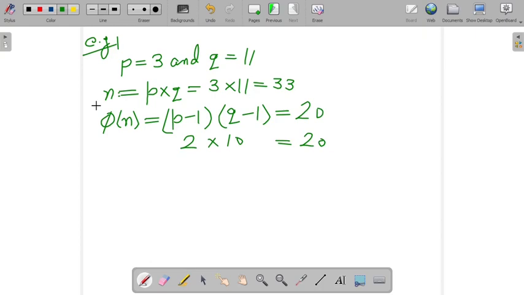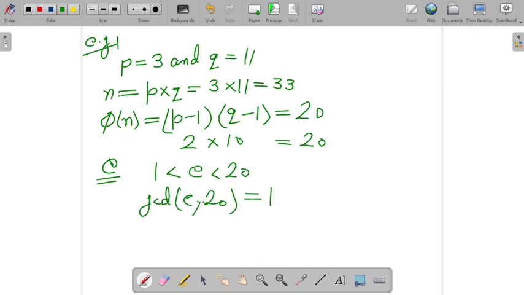So I have N, P, Q and phi N. Now E: choose the value of E such that the GCD of E and 20, the greatest common divisor, is 1. Can E be 2? No. E can be 3. 4, 5, no. 7, yes, because the common factor of 7 and 20 is just 1.